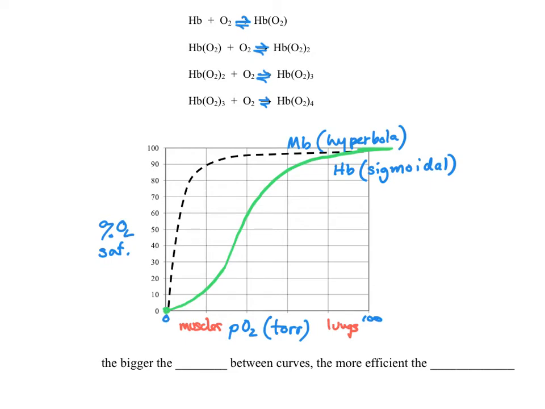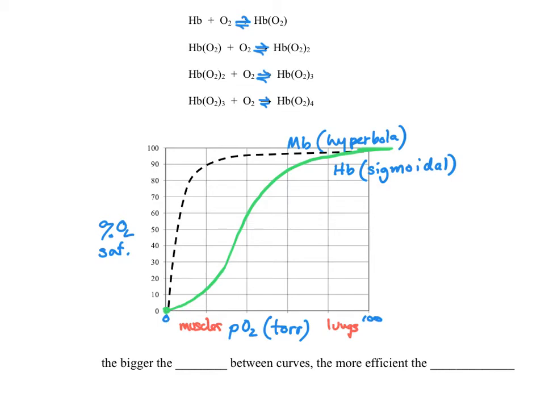However, when we get out into the tissues, into the muscles, we want the hemoglobin to give up its oxygen and become unsaturated. So that's the tricky part, is what we see down here is the result of the equilibration in the muscles. And that's a real key part. This is very difficult conceptual material, and we're going to cover it on multiple videos.